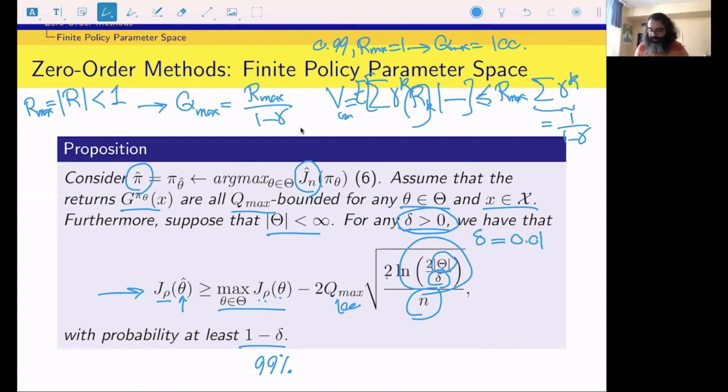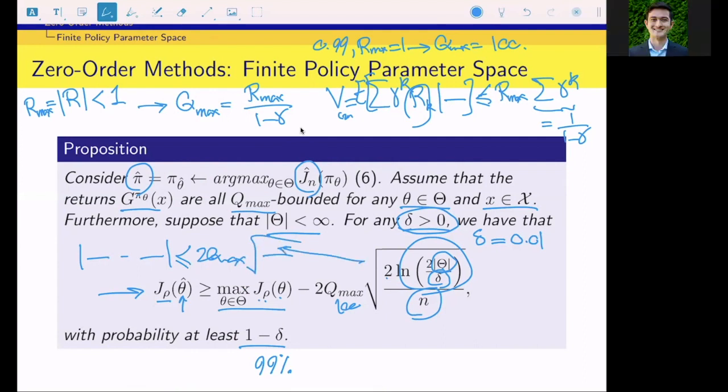So the difference between the performance, if I compute the first term minus the second term, would be upper bounded by 2 Q max times whatever term I have here. And then as n goes to infinity, that term basically becomes 0, so they converge. Yes, that's right. Awesome, thanks.